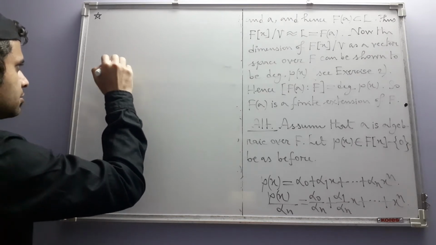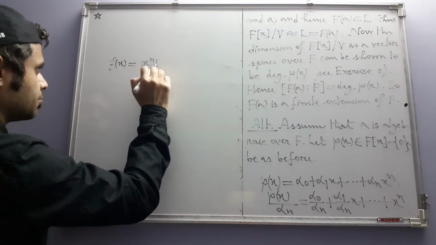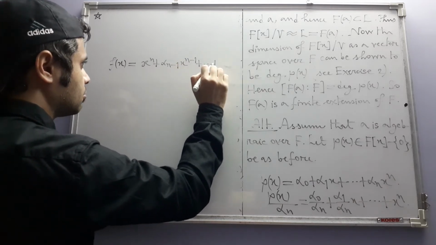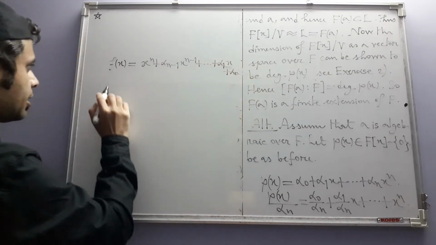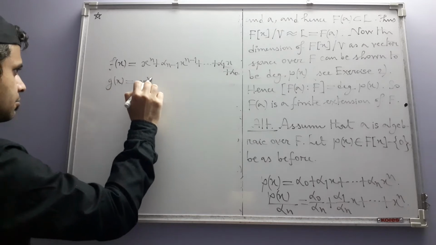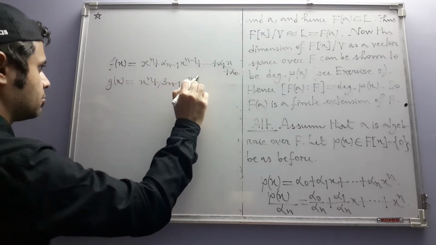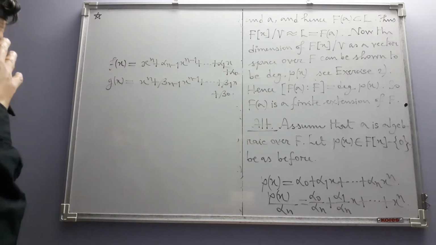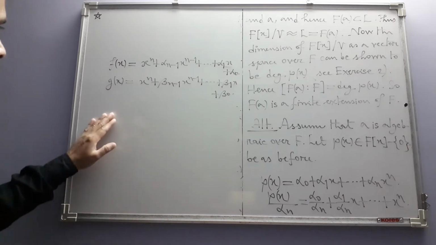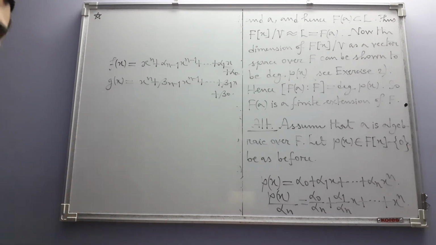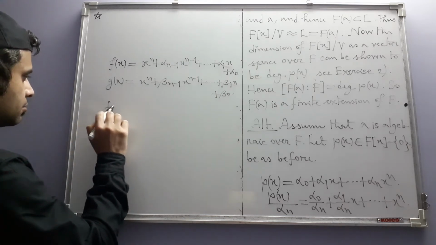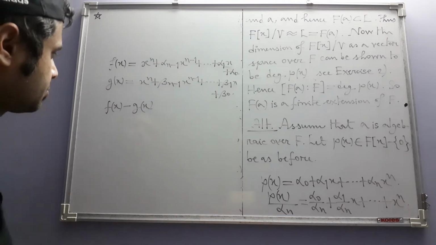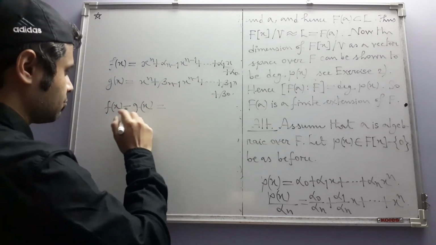Say one of them is fx, which looks like this, x to the power n plus, and you have another monic polynomial, both having the minimum possible degree so that A satisfies such a polynomial, and both are satisfied by A. Then fx minus gx is also a polynomial that is satisfied by A. And what is fx minus gx?